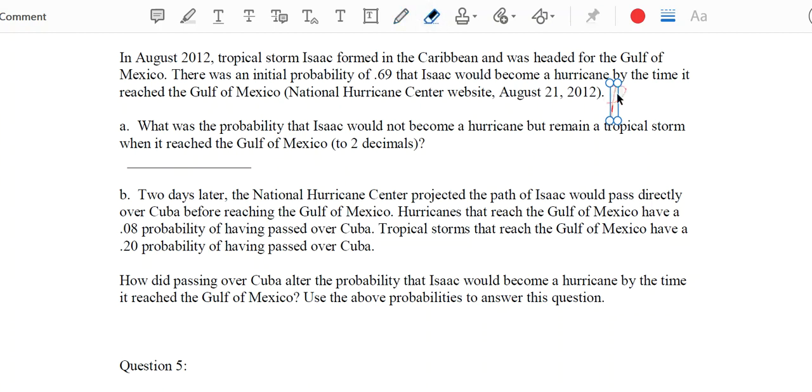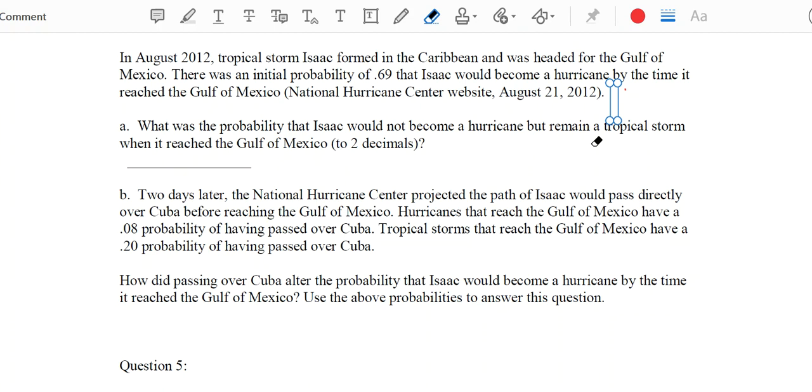In 2012, Tropical Storm Isaac formed in the Caribbean and was headed for the Gulf of Mexico. There was an initial probability of 69% that Isaac would become a hurricane by the time it reached the Gulf of Mexico. After reading this first paragraph, you already see one number, which is 0.69.